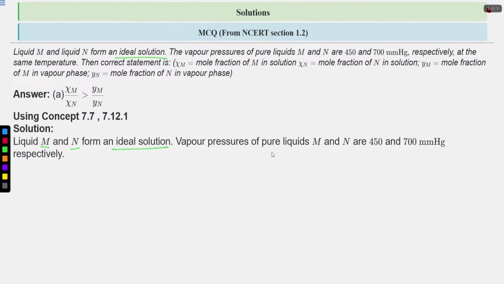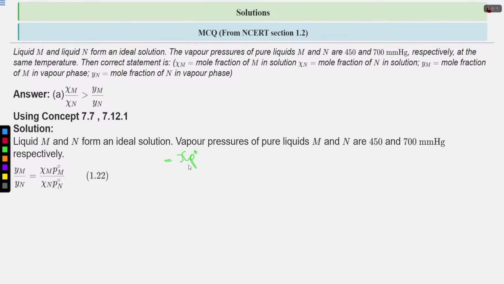The vapor pressures of the pure liquids M and N are 450 and 700 mm of Hg respectively, which is given. That means the ratio of mole fraction of M and N in the vapor phase you can write as chi M P naught M divided by chi N P naught N. You know that the vapor pressure is defined as the product of the mole fraction and the vapor pressure of the pure solvent.